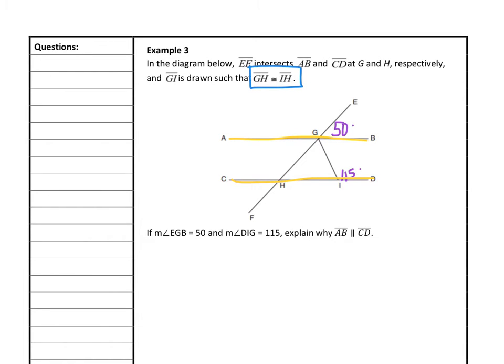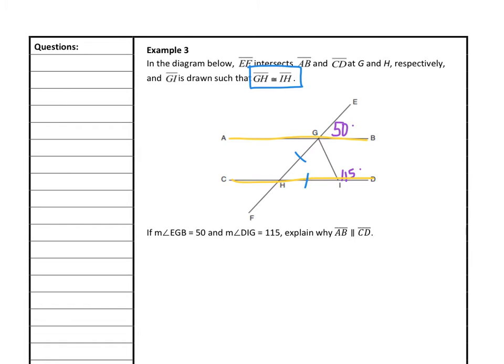It says GH is congruent to IH. Now I purposely didn't mark that up initially because I wanted to see if you guys would catch it. A lot of students, when they took this problem or did the exam with this problem, they missed that part, and it's a huge aspect to this problem. If you miss marking up every single part of the given, then you're going to miss part of this problem and you're not going to be able to solve it properly.